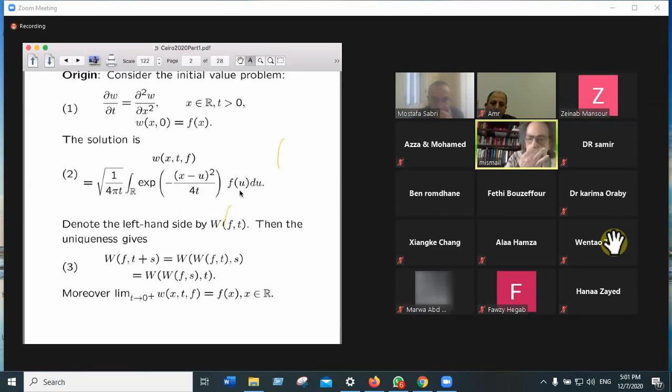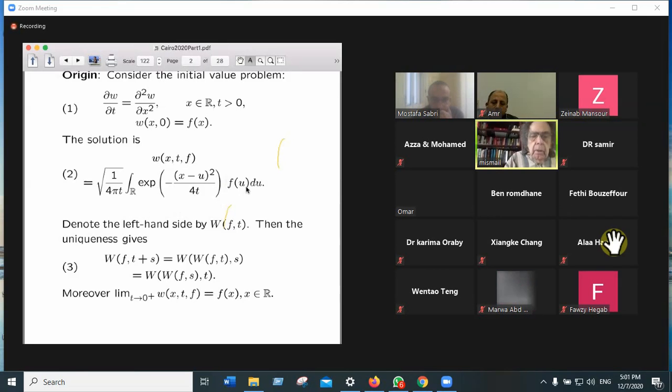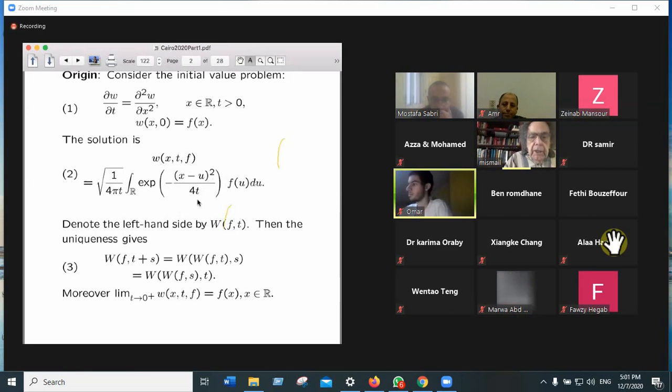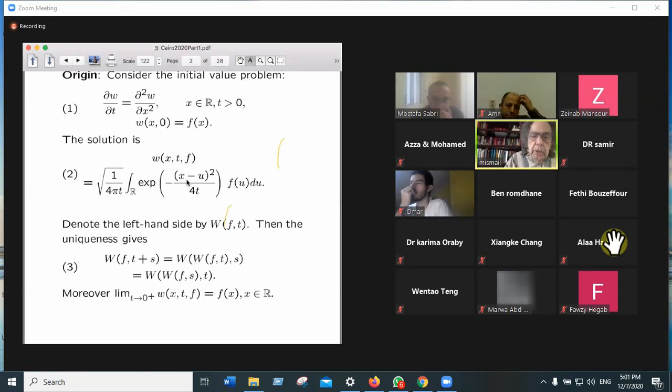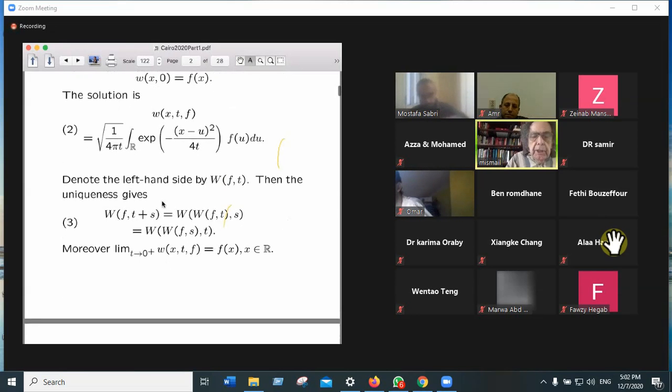That's not hard to do. But the point of this representation is that if I denote this side by W_f at t, because now this is a function of t and a function of x as well, then this W has this property: if I start from time 0 and go to time t plus s, I get the same as if I start from time 0, go to time s, and then start from time s and go to time t.